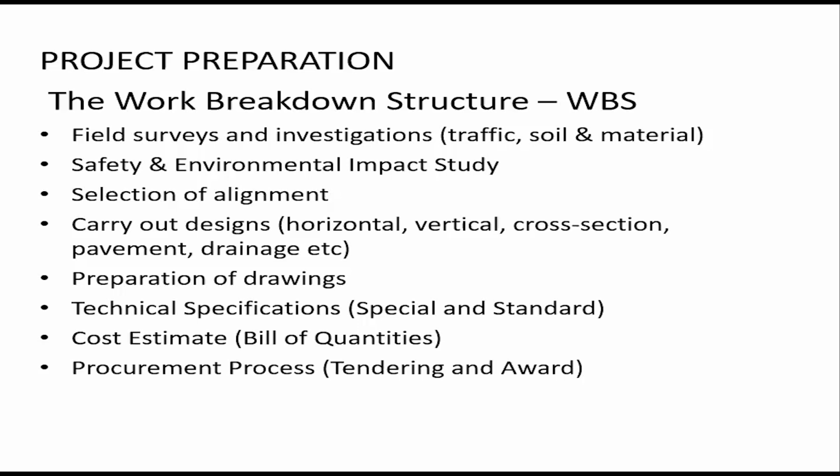You need to do safety and environmental impact study, selection of your alignment, and carry out designs: horizontal, vertical, cross-section, pavement, and then drainage design, among others. Preparation of drawings must be done. Technical specifications, both special and standard, too must be done. And then you cost the project, which is about the bill of quantities. Then from there, the procurement process can go on.